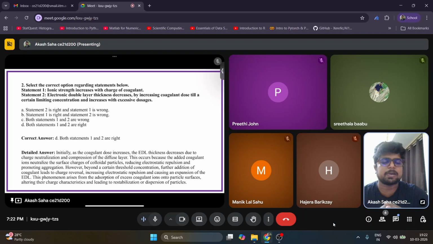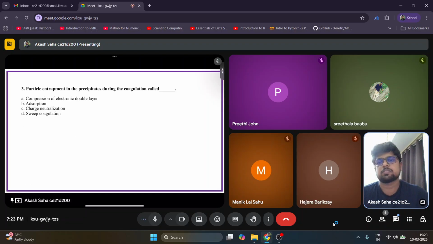It is a negatively charged particle. We add some positively charged coagulant, so it will try to neutralize all the charges. But after a certain point, when all the charge is already neutralized, if we add more positive coagulant, it will again become positively charged and the electric double layer thickness will increase. So that is the idea behind it.